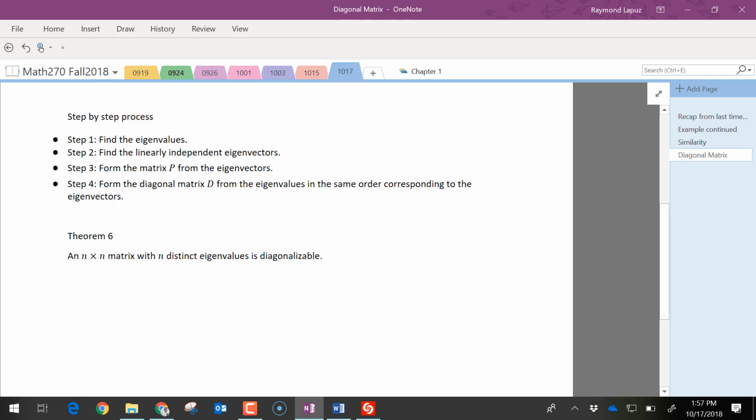Let's see. If you have A and you want to raise it to the 15th power, you'd have to multiply that 15 times.